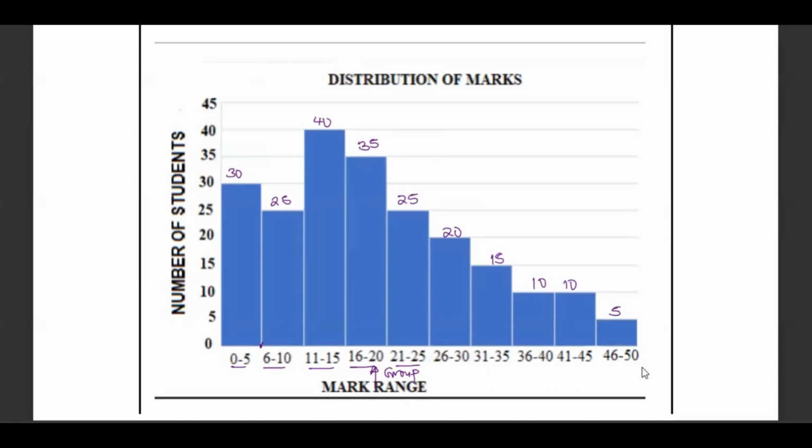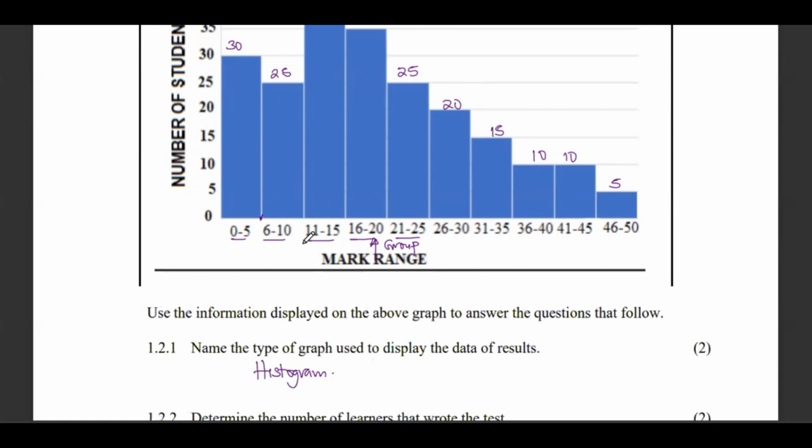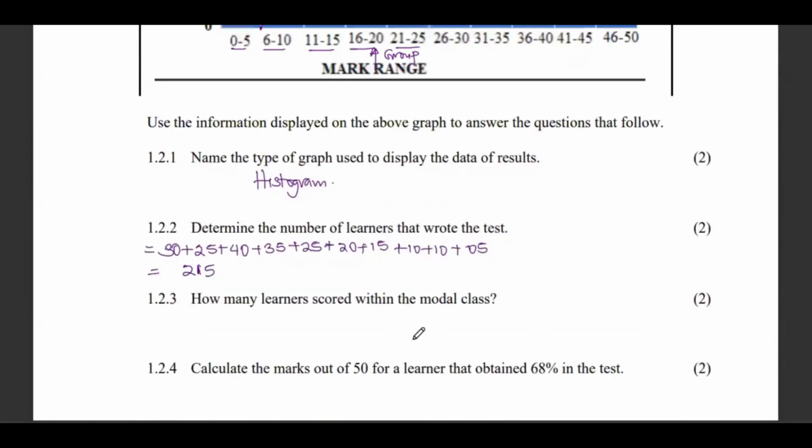Yes, the tallest bar, that's what we shall take. And the 40 was the tallest bar. That's the modal class, which is between 11 and 15. So how many learners? They are 40.